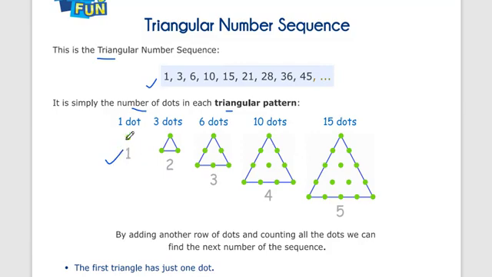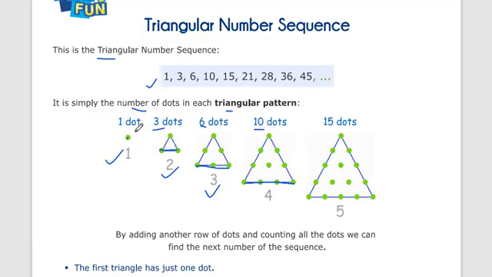Our first term is the first dot, then we add one row below, and the second term has 3 dots in total. In the third term we add one row of 3 dots, so it becomes 6 dots. The total number of dots is our sequence. In the fourth term we add a fourth row of 4 dots, and our total becomes 10.